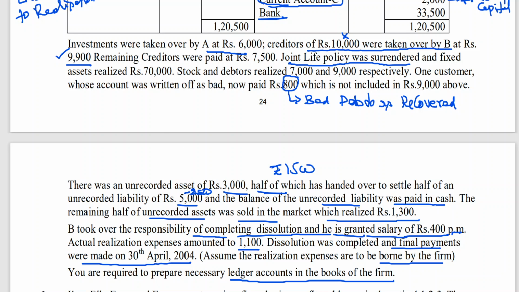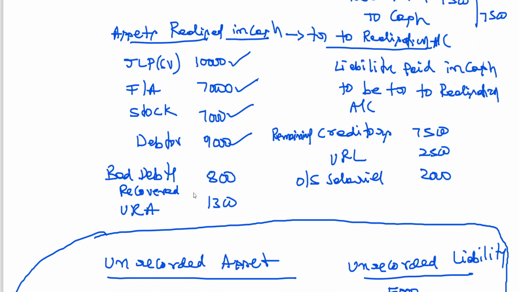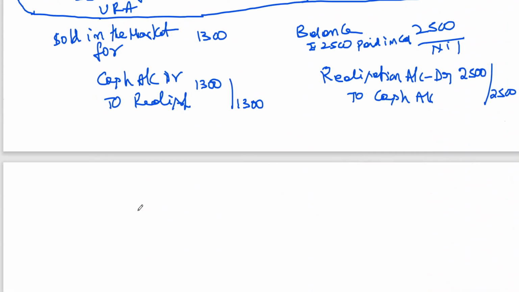So that is why here I will be writing the entry for realization account. Everything I'm giving in detail just to understand. In the examination, no need to do this. 400 into 4, 1600.